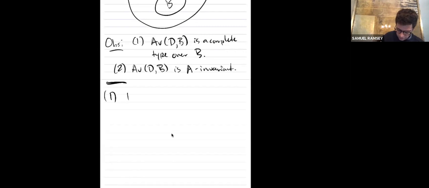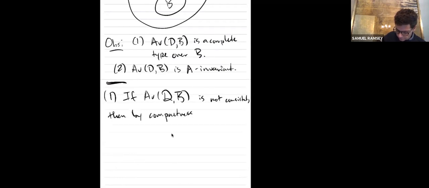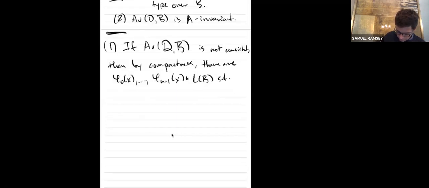So if av D over B is not consistent, then by compactness, there are phi_0(x) through phi_{n-1}(x) in av D B such that it's not possible to realize them all at the same time.